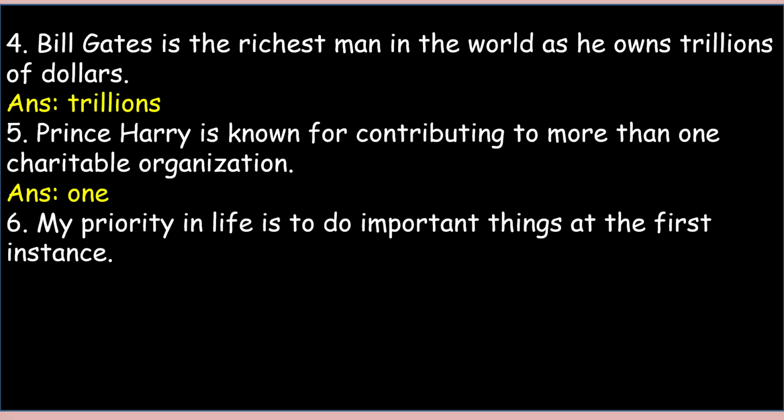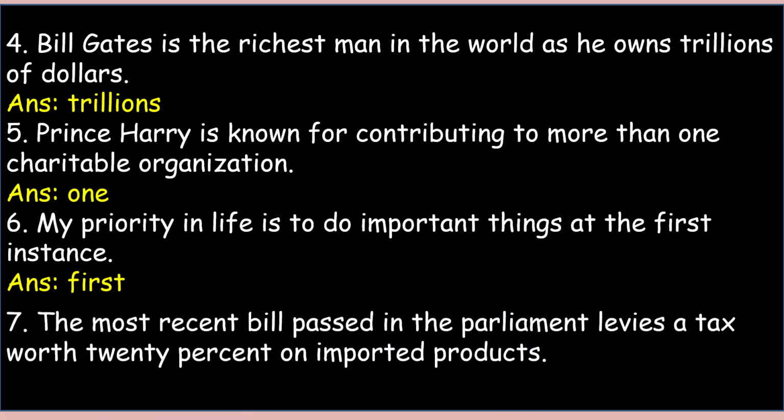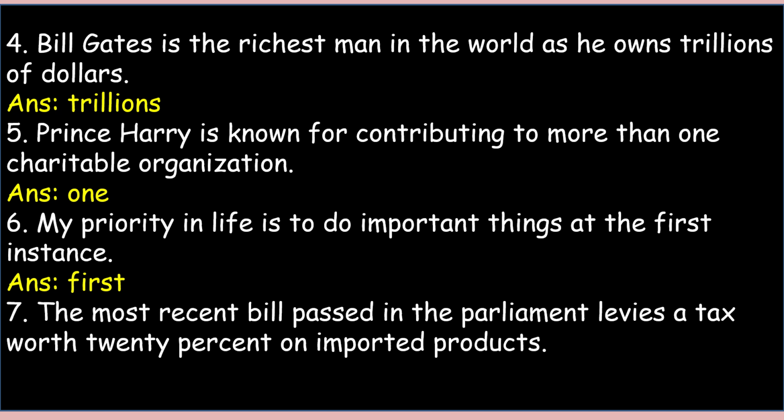My priority in life is to do important things at the first instance. Answer? First. The next sentence. The most recent bill passed in the parliament levies a tax worth 20% on imported products. What is the answer here? 20.